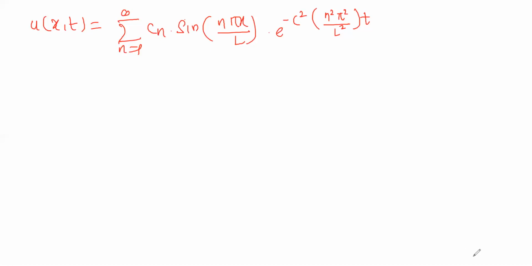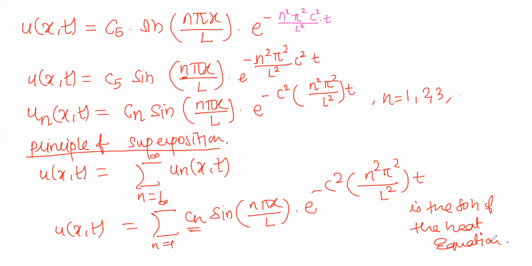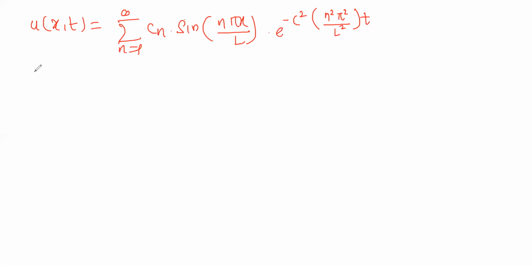This is what we have found here. Now let us use the condition u of x comma 0 equal to some f of x. That's our initial condition that is given to us.